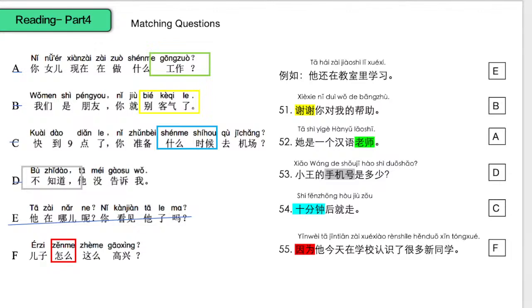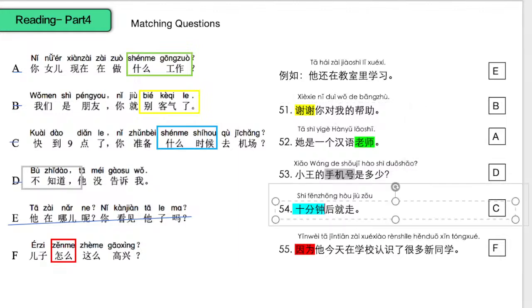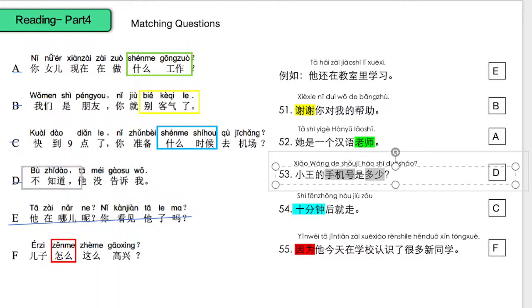Actually, this kind of question is very easy because there is related information between the choices and options. First, 什么工作, what job? 老师, so they are related. B: 别客气 and 谢谢 are related. 什么时候 and 10分钟. D: 不知道 and 多少, what's the number.